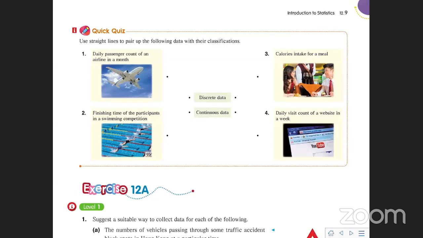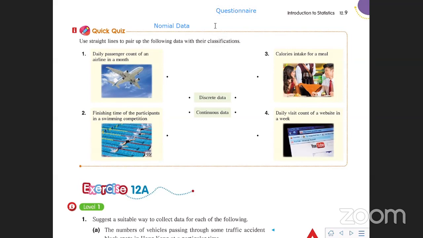Now, someone asked about nominal data again. For this one, when you think about it, you should know the meaning. Questionnaire, right?